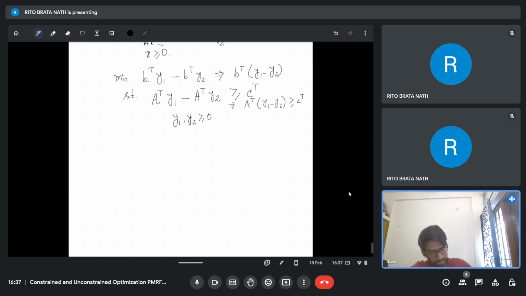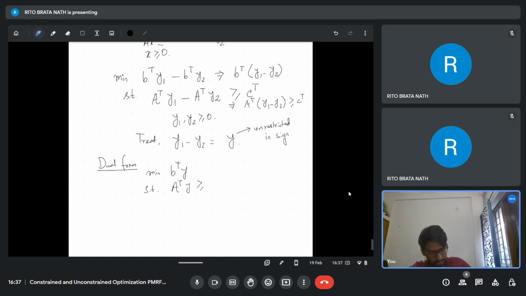Now you can treat Y1 minus Y2 as Y. Since both are positive, Y will be unrestricted in sign, and the dual form will be min of B transpose Y subject to A transpose Y greater than or equal to C transpose, Y unrestricted in sign.